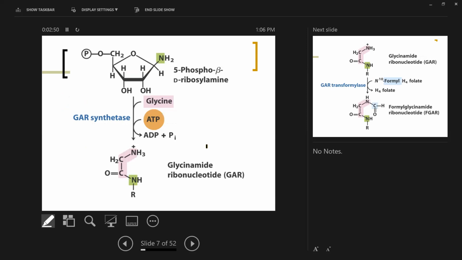You're going to take glycine and attach glycine to this amino group here. And that's going to give you glycinamide ribonucleotide, otherwise known as GAR. And this is called GAR synthetase. So this will burn another ATP.